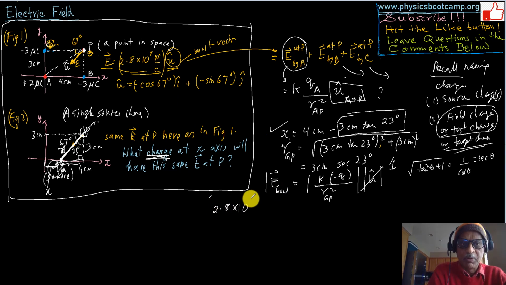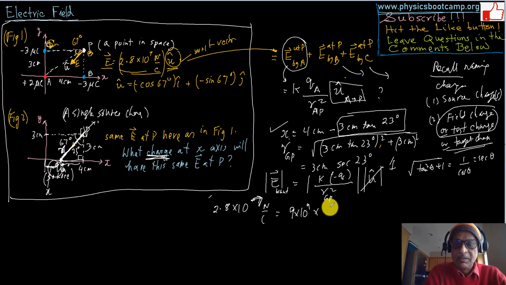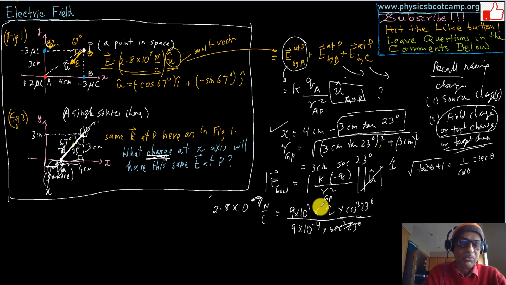So this is 2.8 times 10 to the power 7 Newton over Coulomb, and k is 9 times 10 to the power 9. q is what we want. Minus will become plus from using absolute value, and r_GP square will be this square. 3 centimeter will be 9 times 10 to the power minus 4 meter square times sec square 23 degrees, which we can write down as cosine square 23 degrees, and then we solve for q.